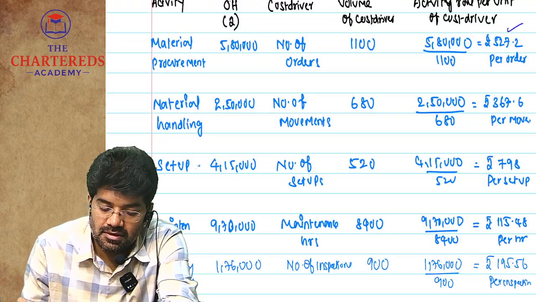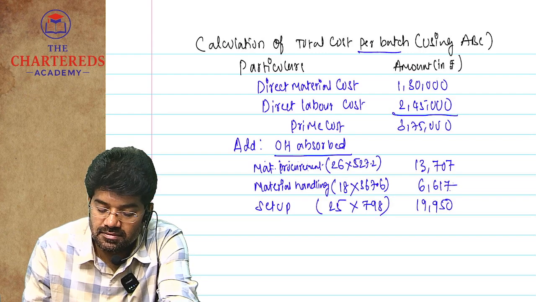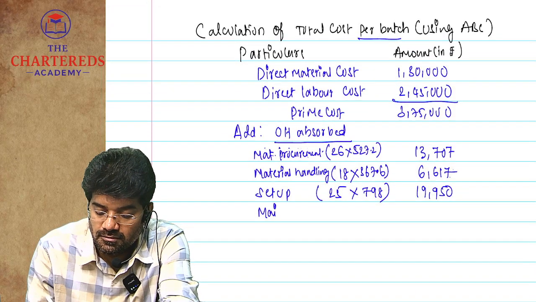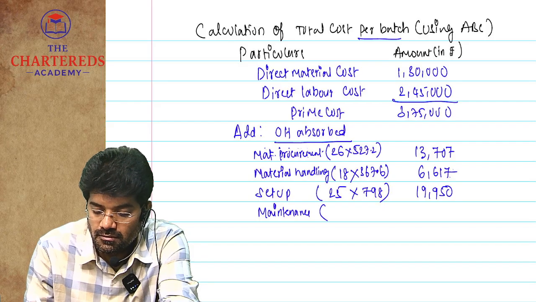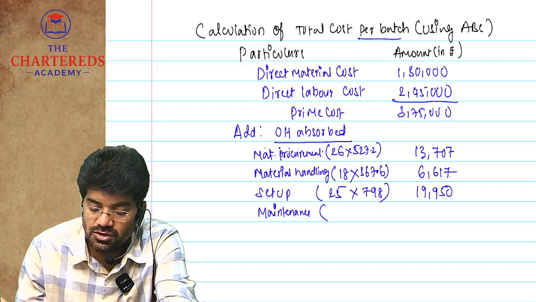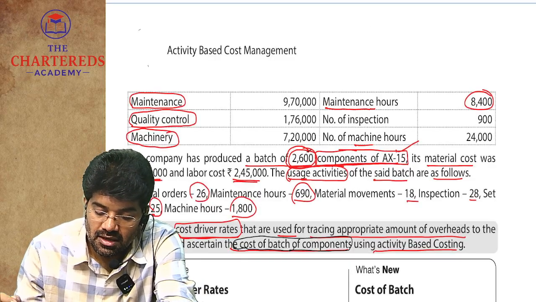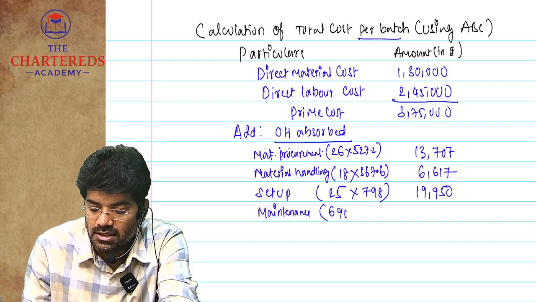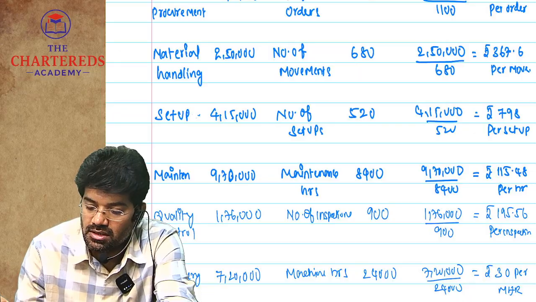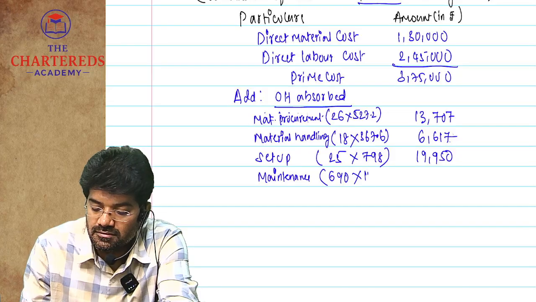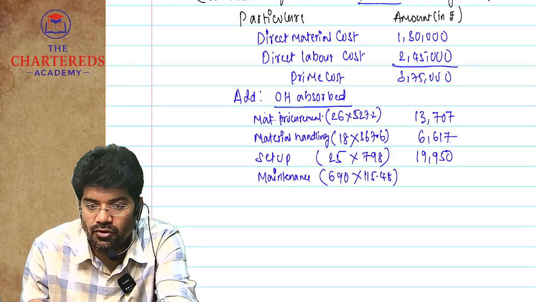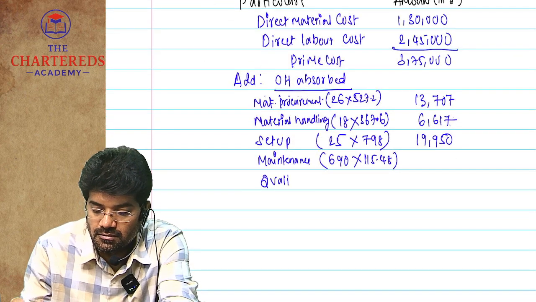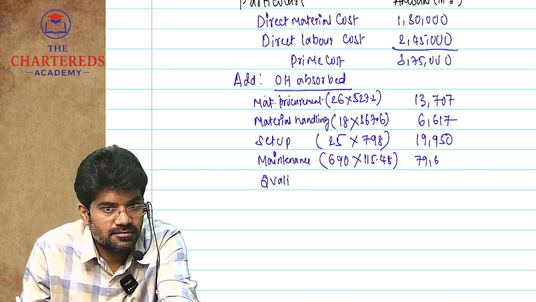Next, maintenance, the fourth one. How many maintenance hours were used for this? 690. 690 into the rate we got, 115.48, gives the product.